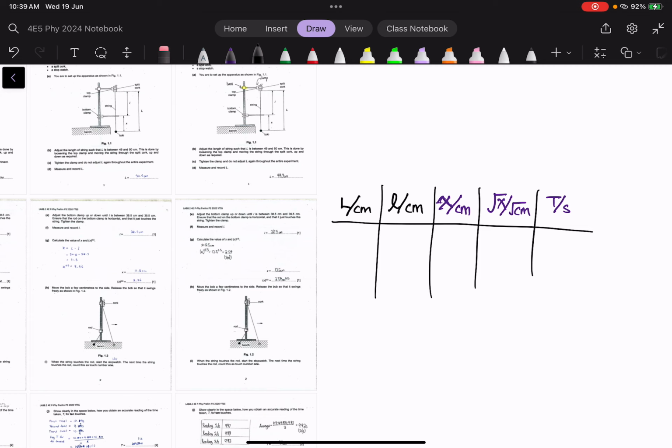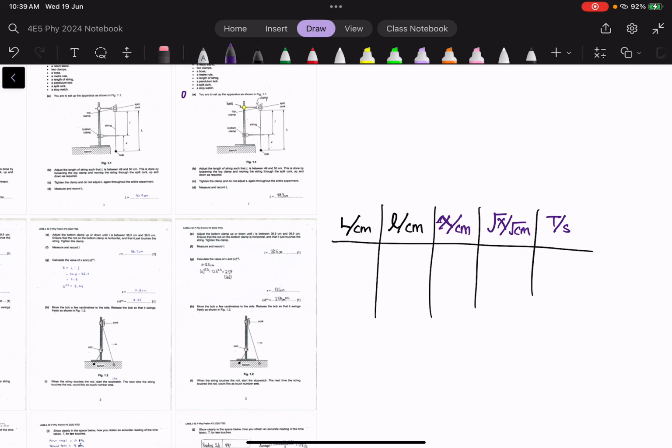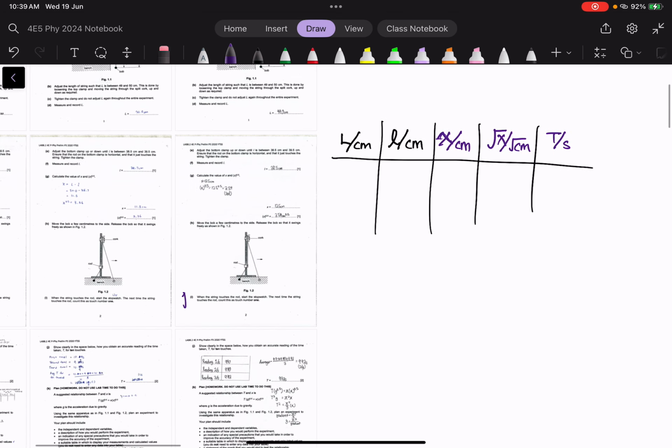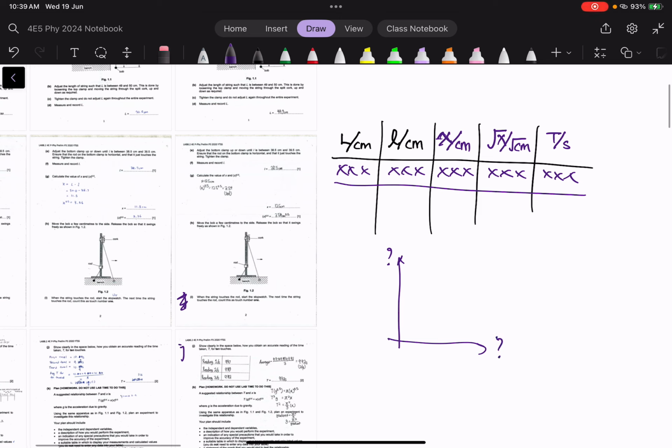right? And then basically what I have done, if I follow the steps A to J, A to J is here, I would have some reading here. So this is my first set of readings, which will enable me to plot a certain graph, don't know what versus don't know what, and I will get 1 data point.